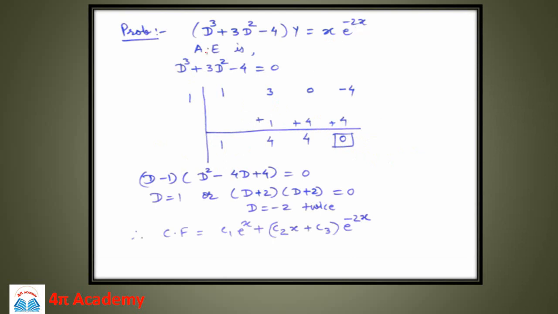So here the auxiliary equation is D cube plus 3D square minus 4 is equal to 0. Now we cannot have the factorization of this equation, so we can solve this by synthetic division method. So we write the coefficient of D cube as 1, then coefficient of D square as 3, then coefficient of D as 0 because there is no term of D, and minus 4.